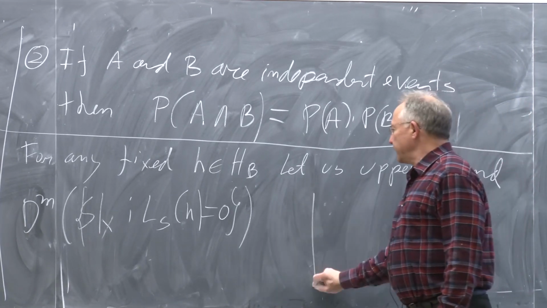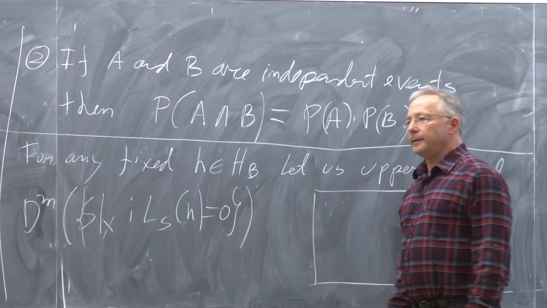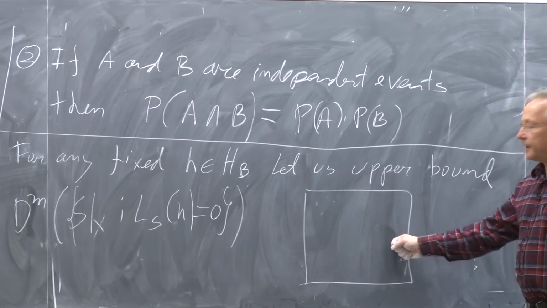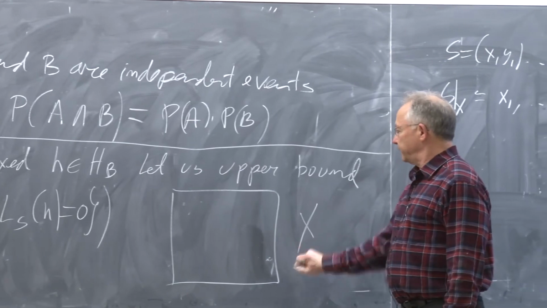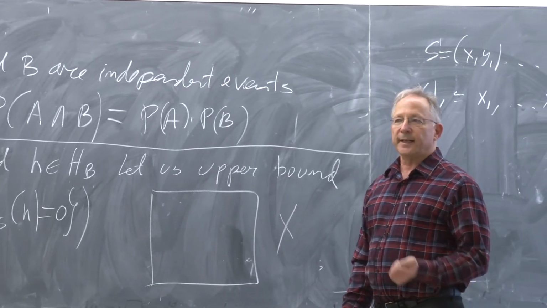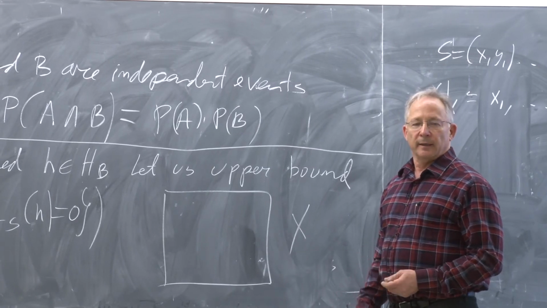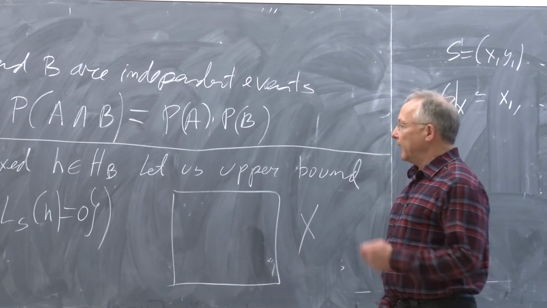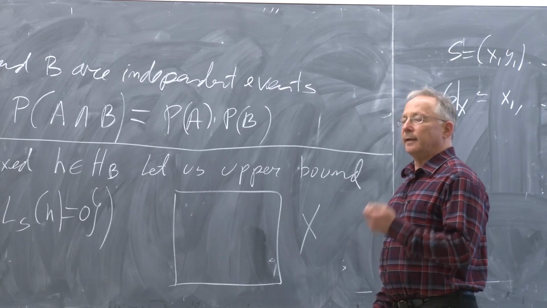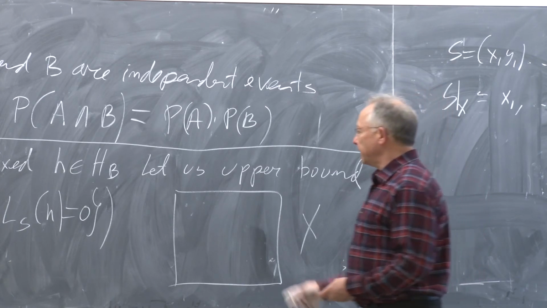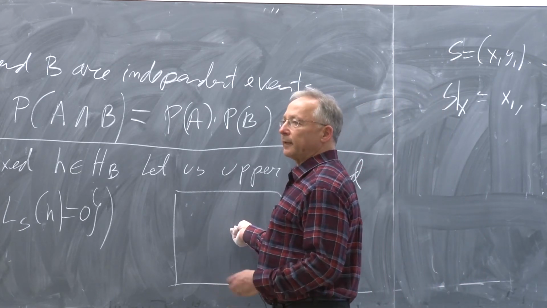Okay, so let us see what is happening here. This is my set of all x's. Think of it as the set of all my papayas. And I have some h, and this h is bad. What does it mean that h is bad?